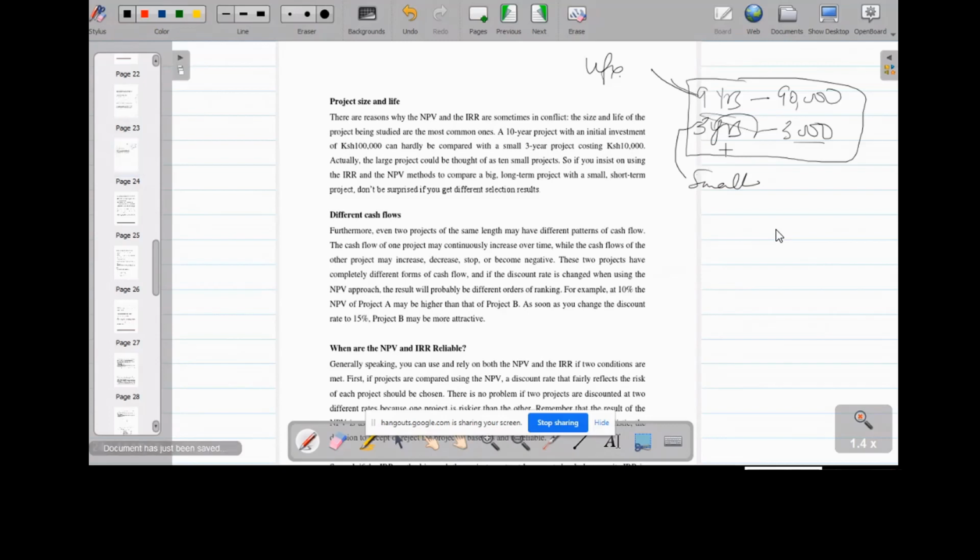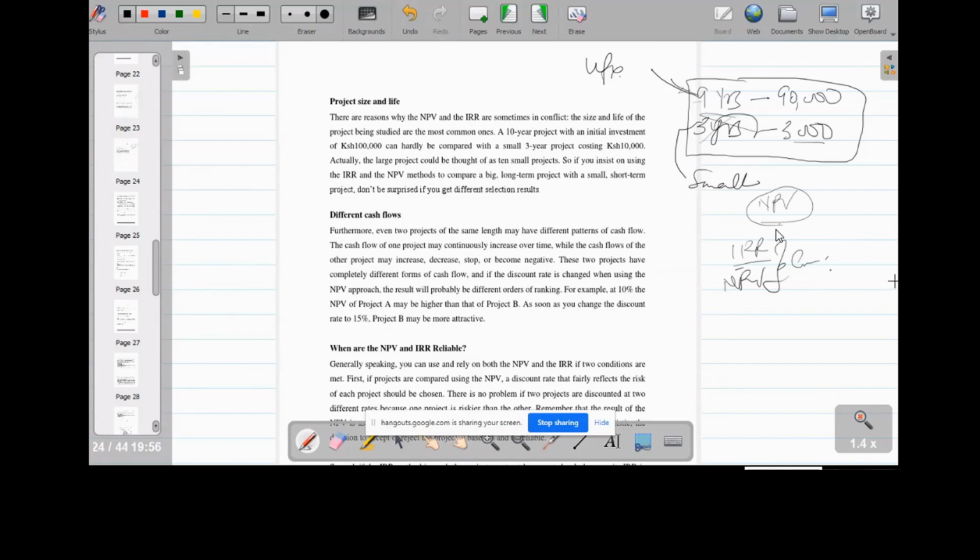So if you use the NPV and the IRR, you might find there are differences. You are getting what I'm saying? You might find IRR is okay, but because of these large and small projects, you might find that NPV is giving you conflicting answers. Some are saying accept two, IRR is saying accept one because of the project size and life.